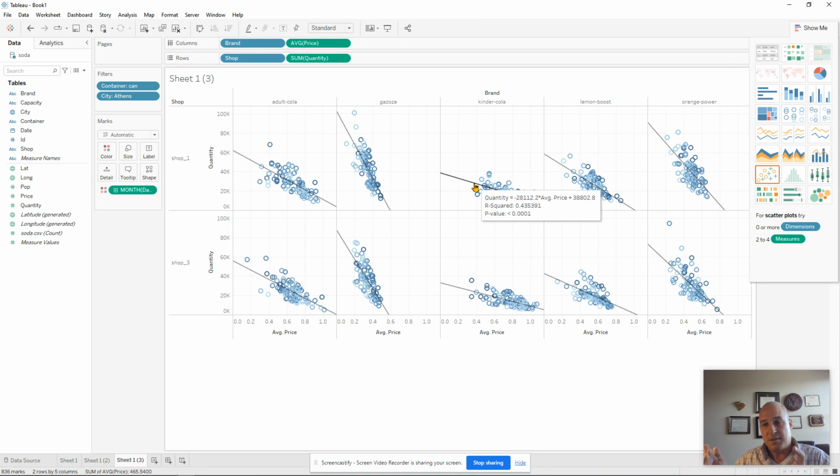Because remember, whatever's not in your regression equation, here we just have a simple equation of quantity as a function of price. There's one variable. This is univariate regression. Everything that's not price, a lot of stuff influences demand, and all that stuff is just sitting there in the error term.